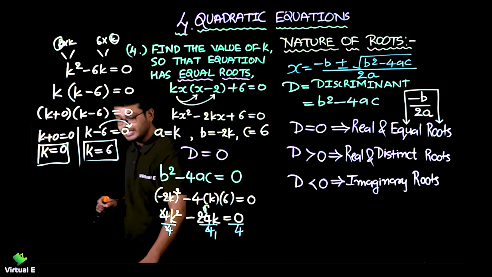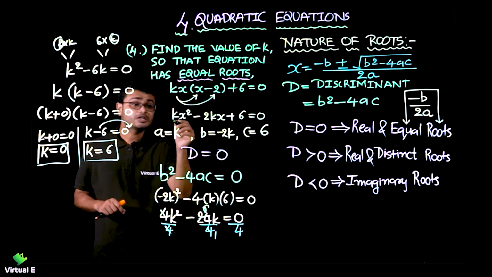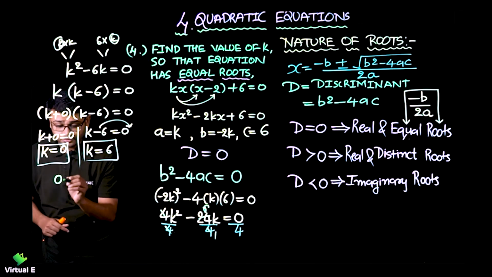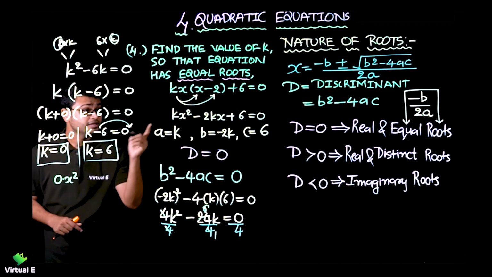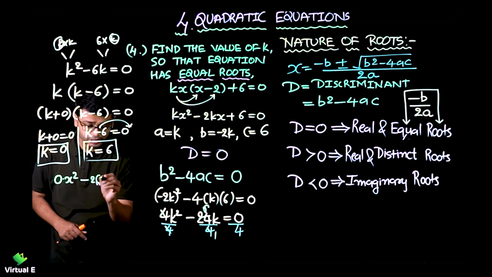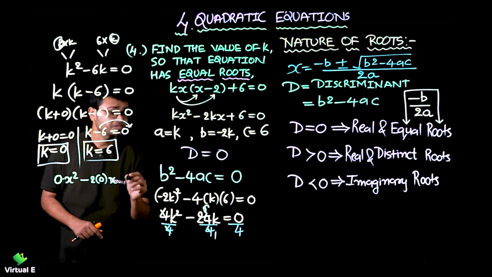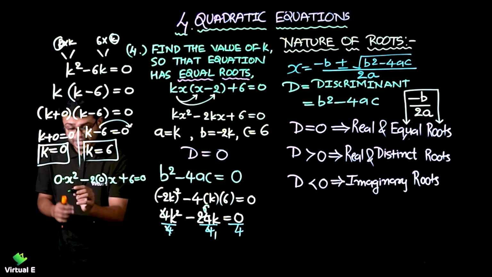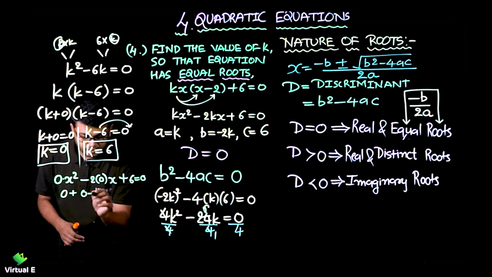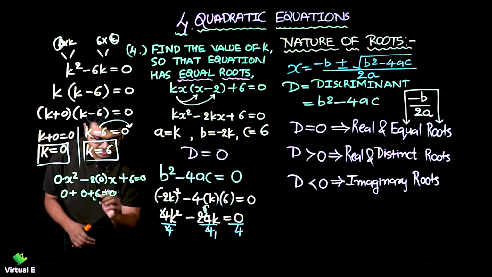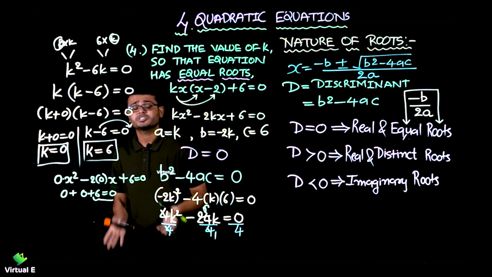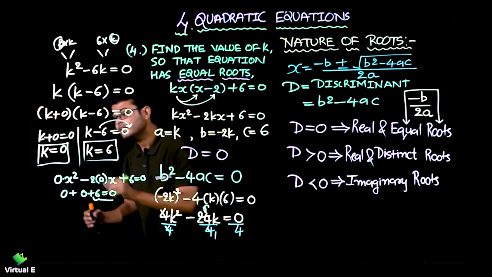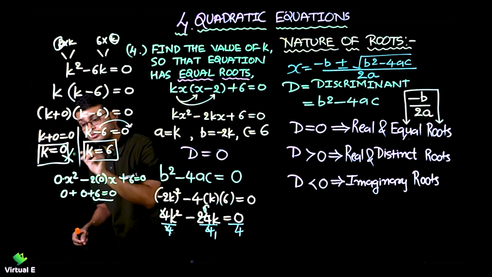Suppose I take the value of k is equal to 0, into x square, then minus 2 into 0 into x plus 6 is equal to 0. So you can see that this is 0 plus this is 0 plus 6 is equal to 0. It is looking something like this. It is not possible.